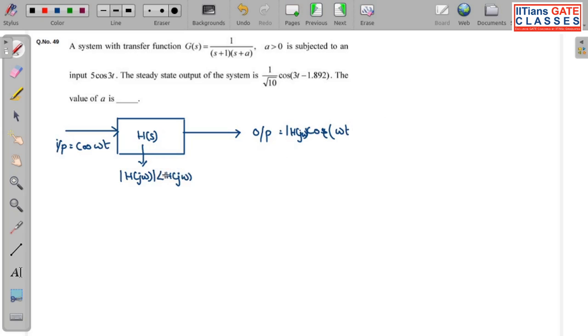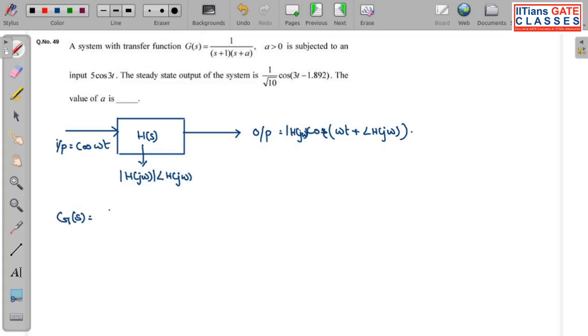I have assumed plus here, so it will be plus the angle of H(j omega). This is the property of the transfer function, or I can say the property of eigen signals or eigen values. Now let me solve with this concept.